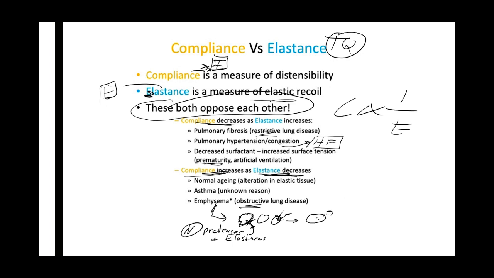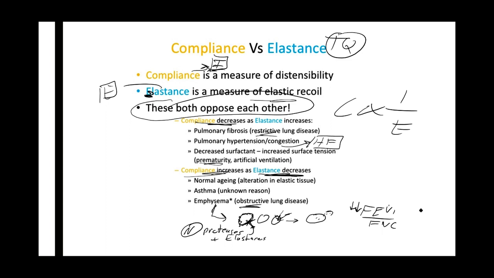And that's why, if I can take it back to the forced expiratory volume in 1 second over FVC, that is why you have a large decrease in the FEV1.